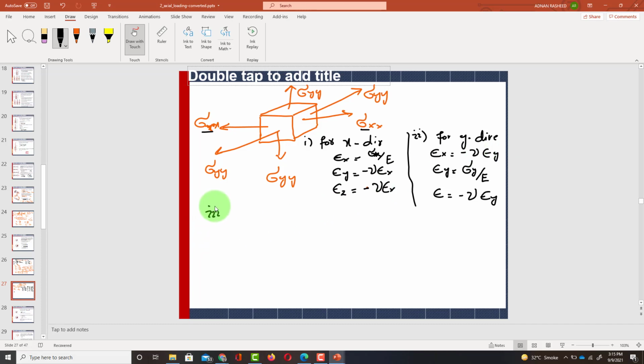अब तीसरी कंडीशन ये है कि z की वजह से, z डायरेक्शन में। So if there is a tensile stress or tensile force in z direction, so definitely change in length occurs, and there will be elongation in z direction.